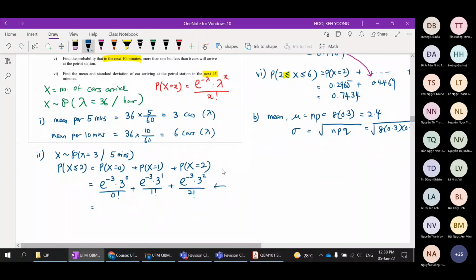You can straight away write down the probability. But if you can't find it from the table, then please use the formula. So this is the answer.